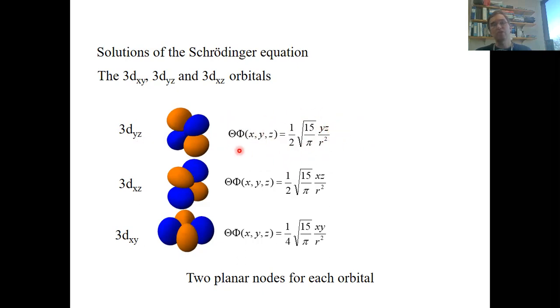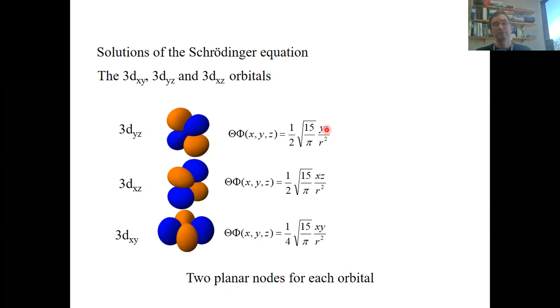Now y is equal to 0 only in the xz plane, therefore the xz plane describes one planar node, and z is equal to 0 only in the xy plane, and therefore the xy plane is our second planar node.